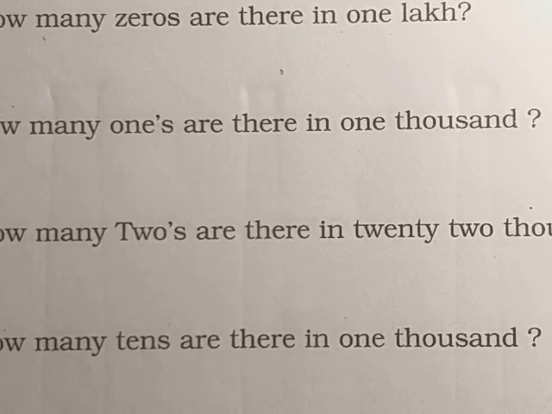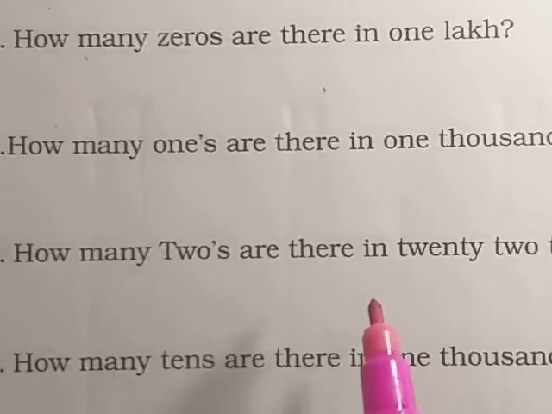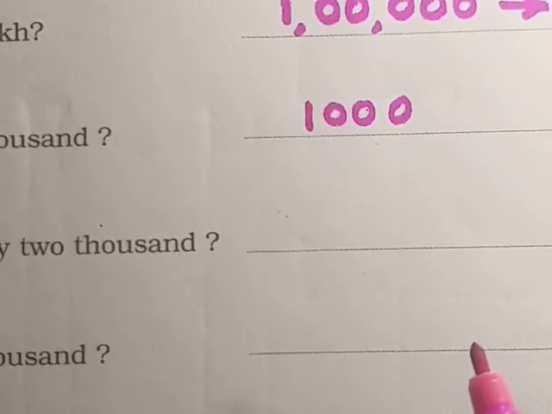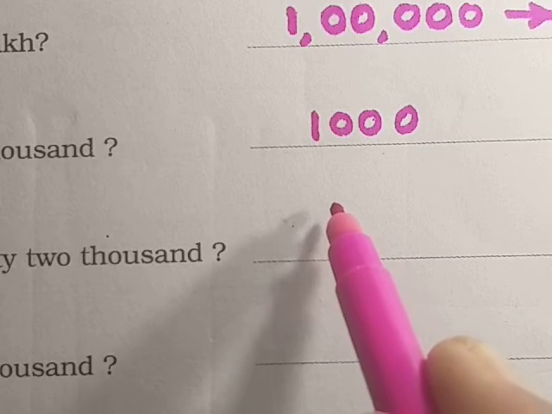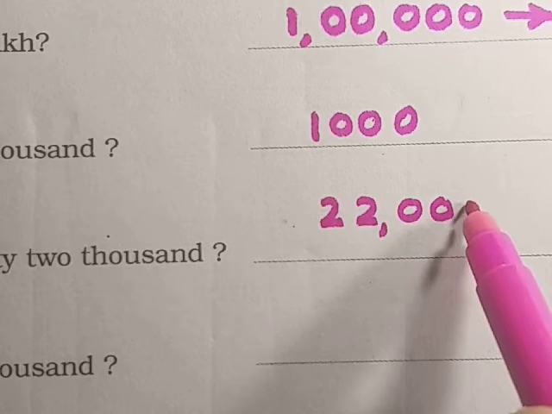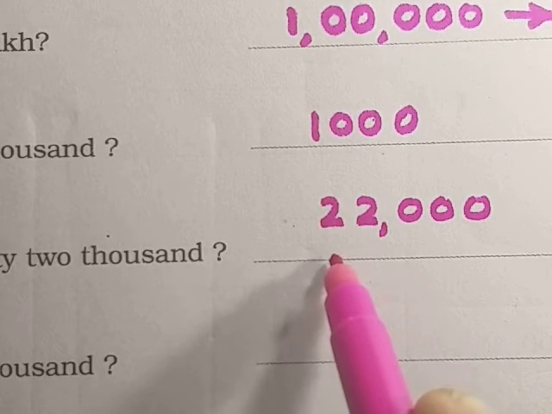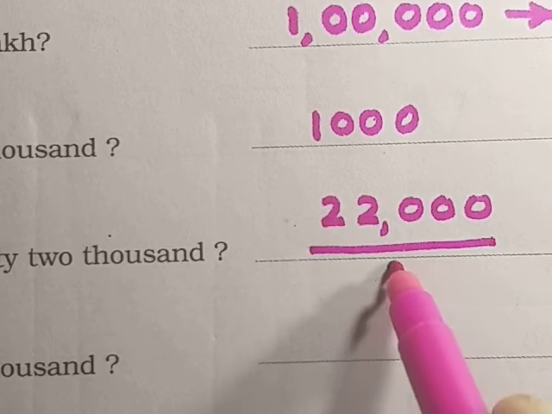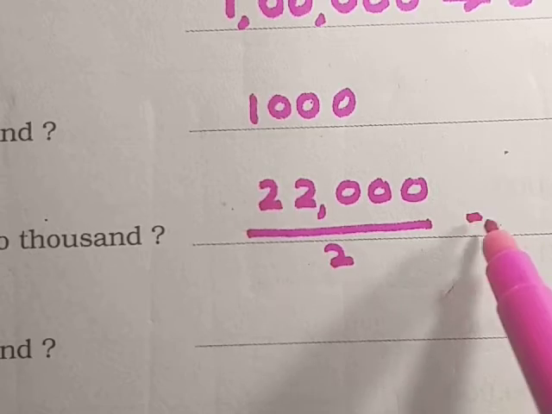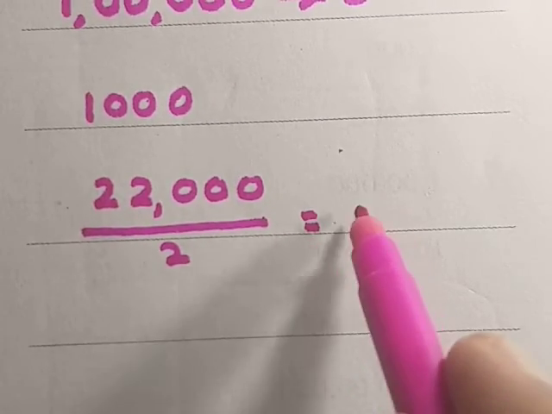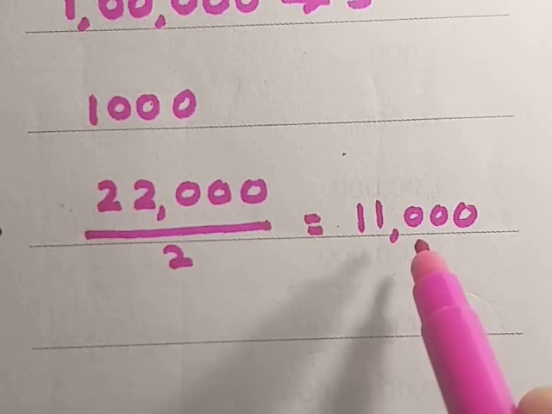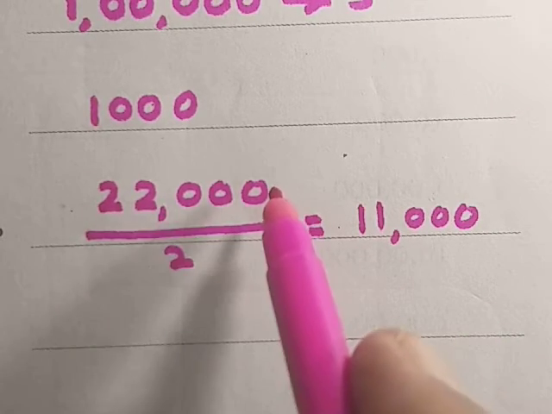Similarly, how many twos are there in 22,000? This is very, very important. What we will do is, we will write 22,000. We will divide this by 2. This will give us how many twos are there in 22,000. That is equal to 11,000. 11,000 twos are there in 22,000.